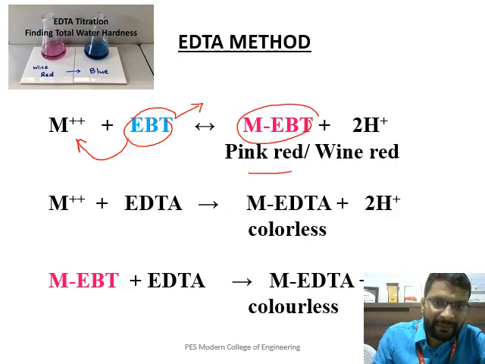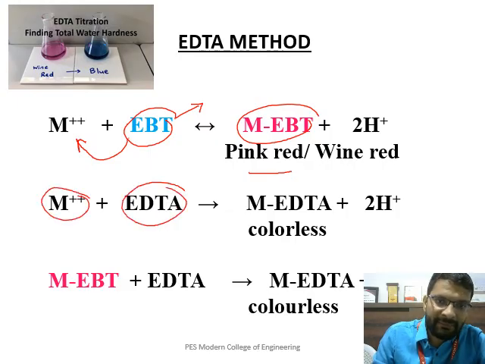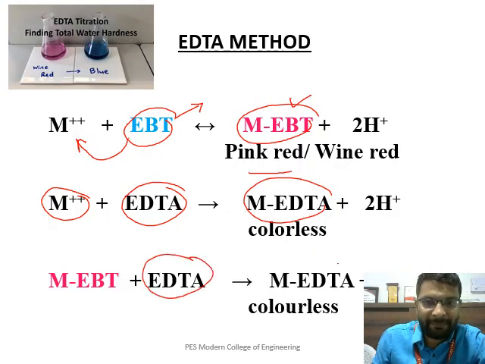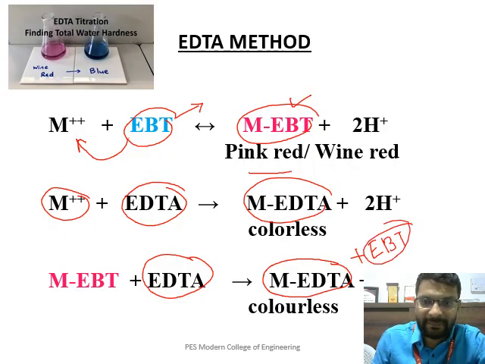The metal-EBT complex is not that strong. If we add excess EDTA into the solution, it forms a metal-EDTA complex, and the EBT is regenerated in the solution with bluish color. That's the end of this experiment.